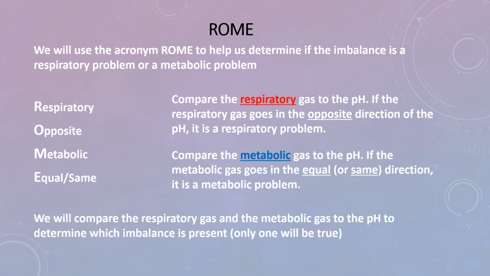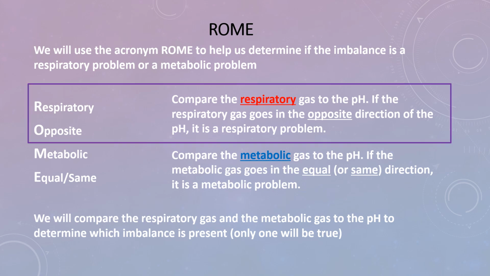We will use the acronym ROME to help us determine if the imbalance is a respiratory problem or a metabolic problem. It's a respiratory problem if the respiratory gas goes opposite the pH. So we're going to compare the respiratory gas to the pH. If the respiratory gas goes in the opposite direction of the pH, it's a respiratory problem.